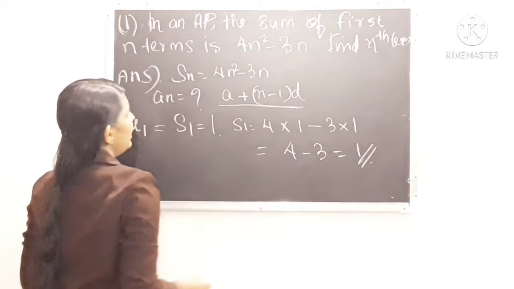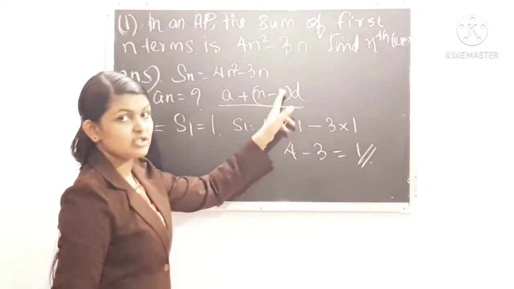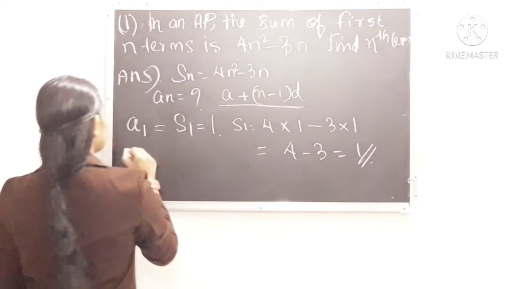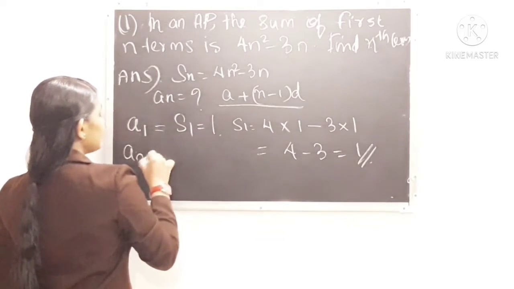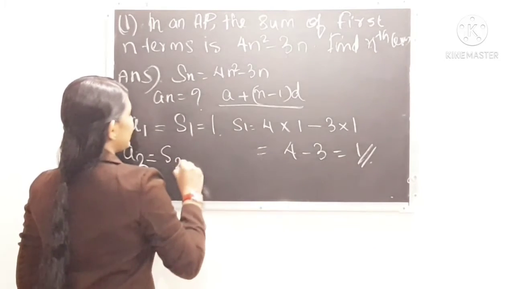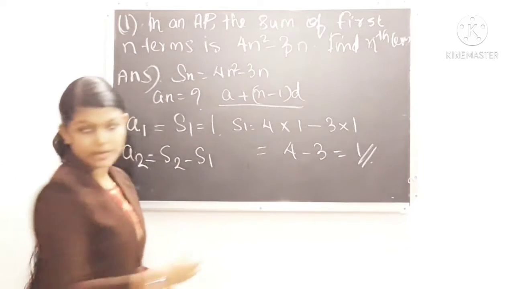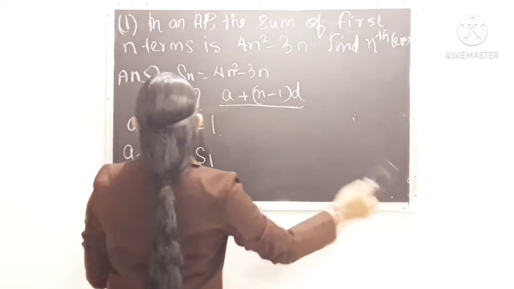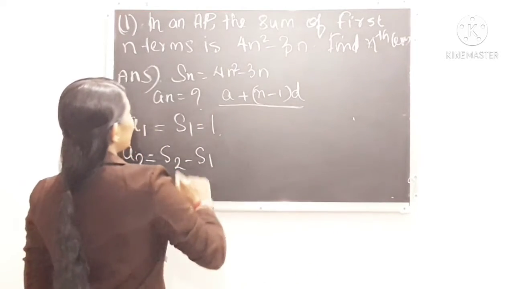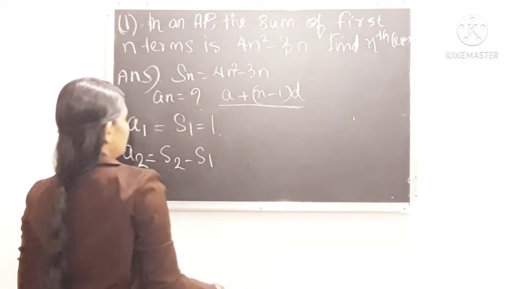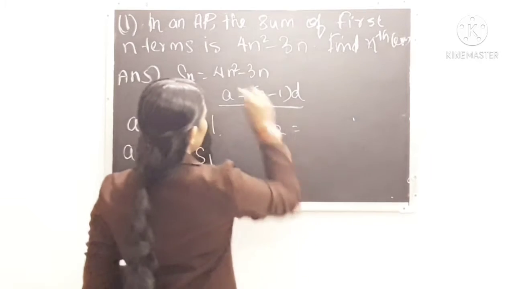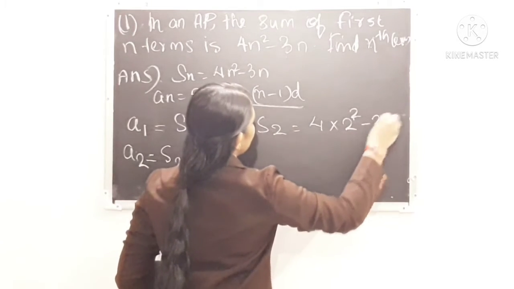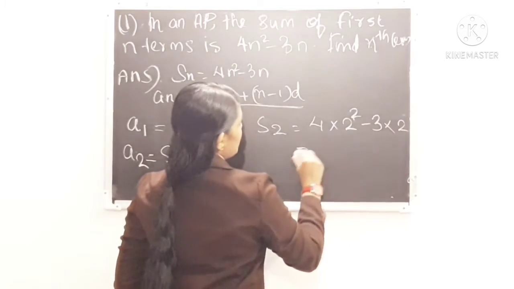Now we have to find the common difference. To find the common difference, we have to know the second term. How can we find the second term? The second term will be equal to S2 minus S1. What is S2? Putting the value of 2 in this expression, S2 will be equal to 4 into 2 square minus 3 into 2.